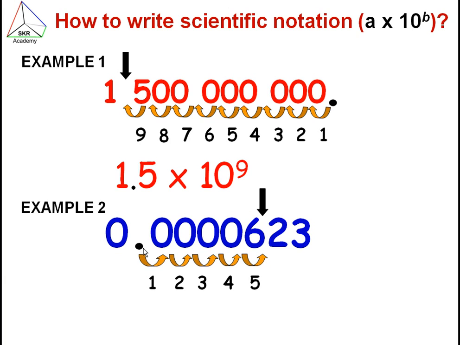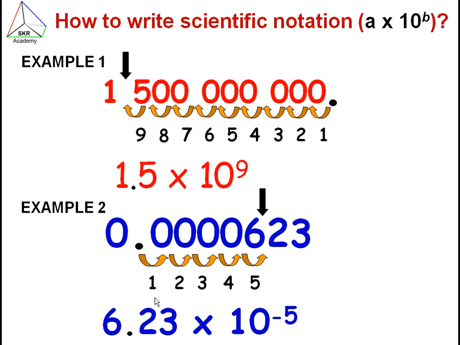We will move the decimal 5 places. Then we write the value 6.23 times 10 raised to the power minus 5, minus 5 because we moved the decimal 5 places from left to right. So this is how you convert a normal decimal value into scientific notation.